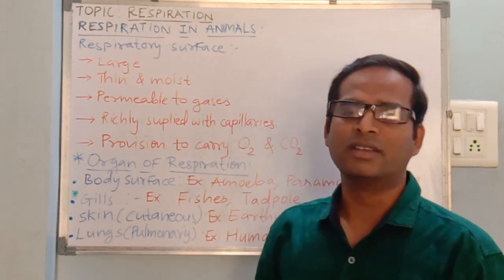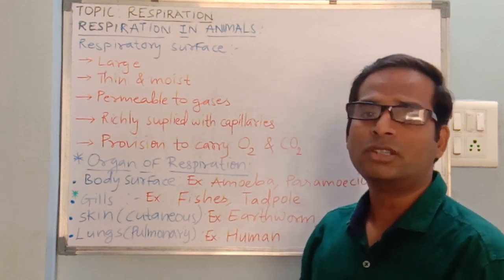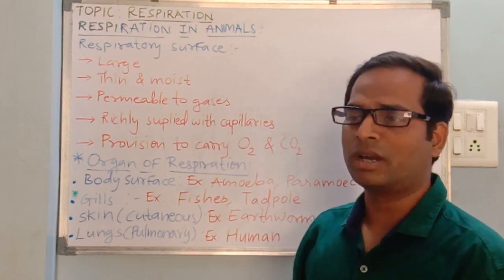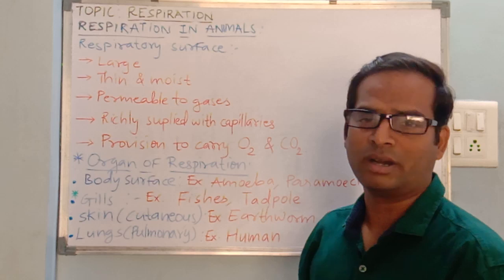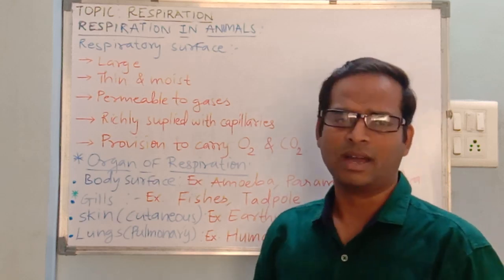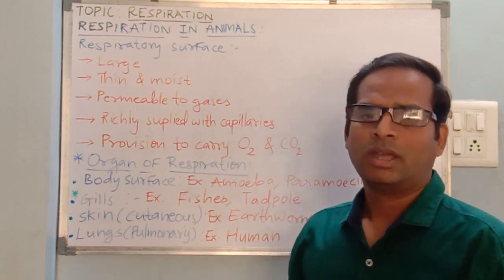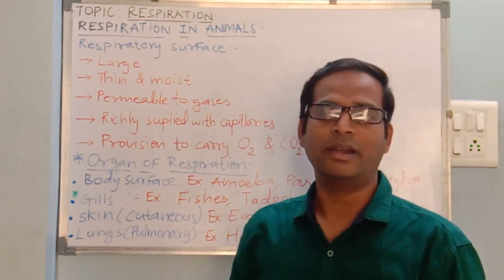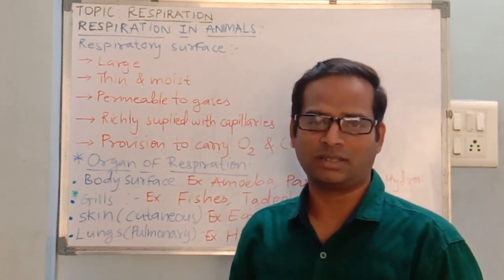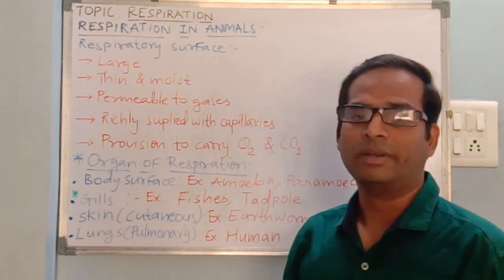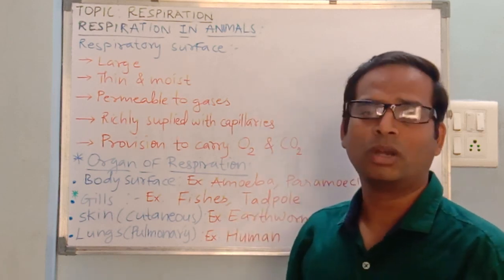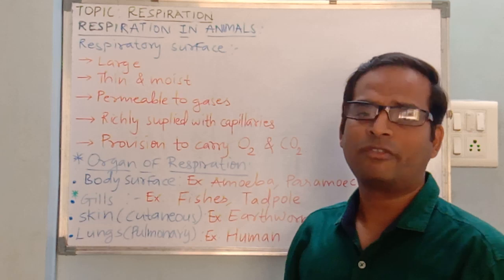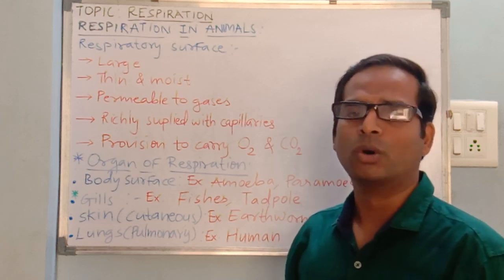So the first difference is that the percentage of oxygen is very low in water and very high in the atmosphere. As the availability of oxygen is more in the atmosphere, the rate of diffusion will be faster, whereas the availability of oxygen in water is only 1%, so the rate of diffusion will be slower.